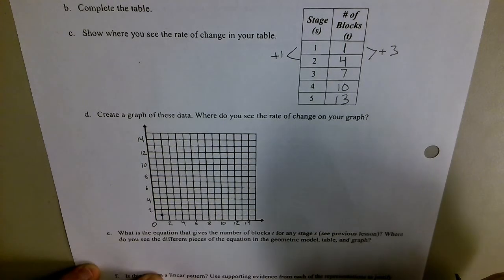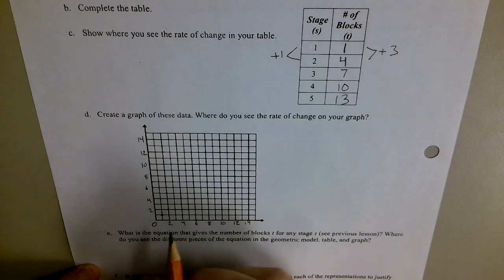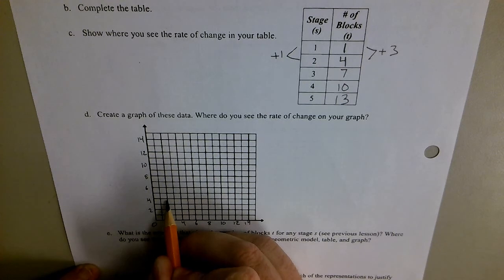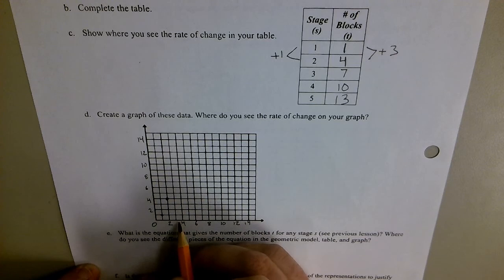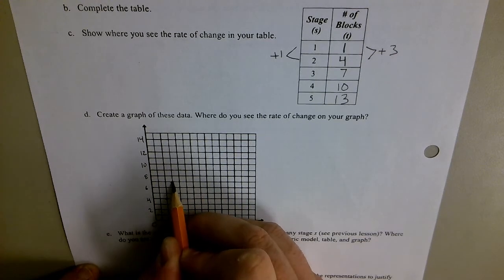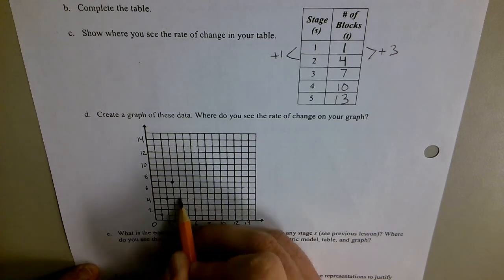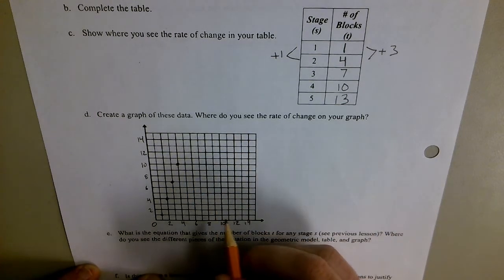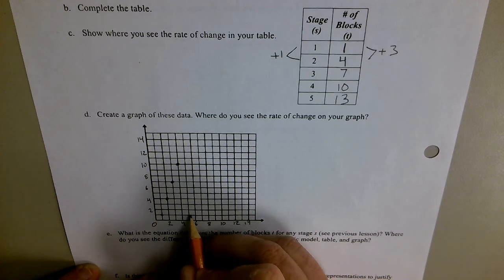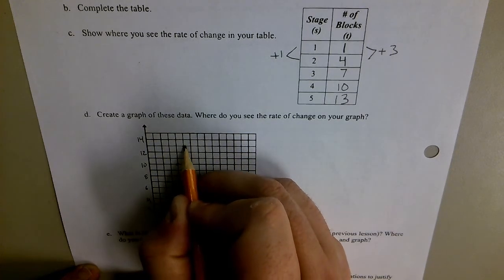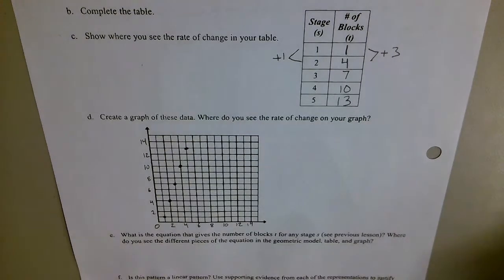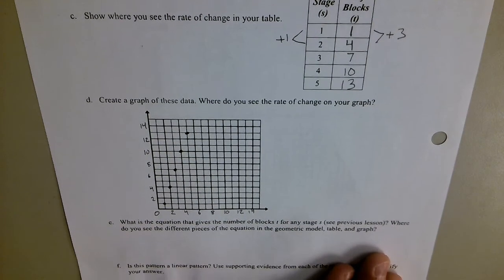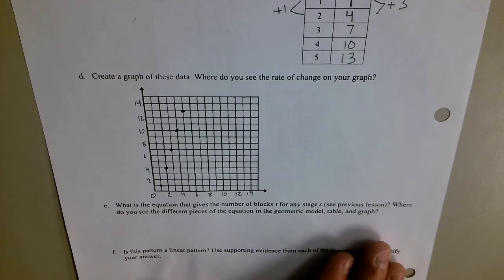I have 2, 4. It's right there. And then I've got 3, 7. 4, 10. And 5, 13. Alright, so we've got our points there.